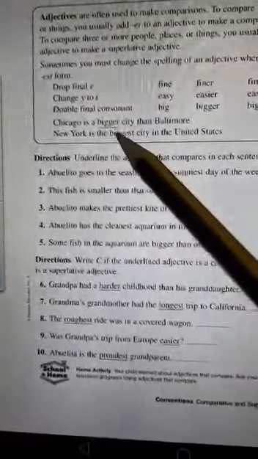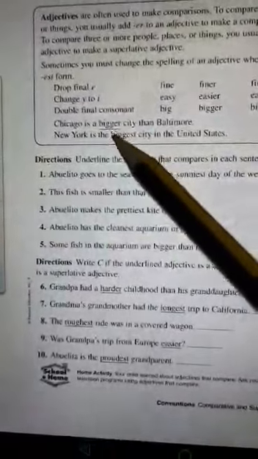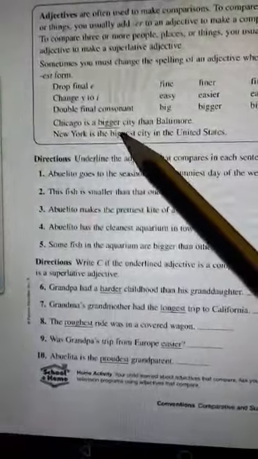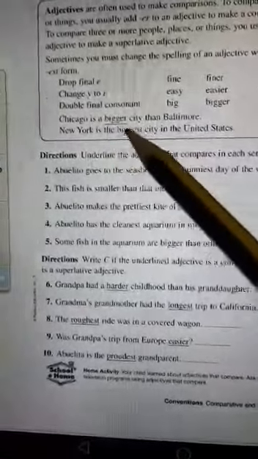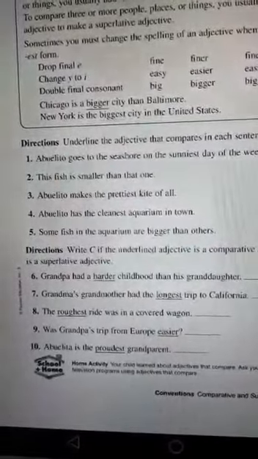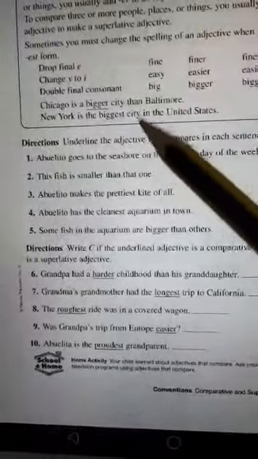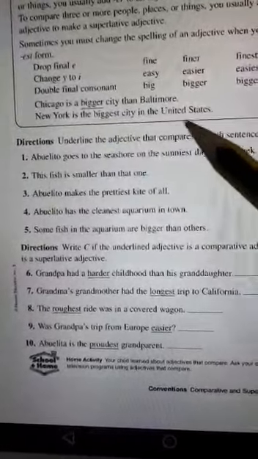That's why we are talking about more than two. So they said it is the biggest. No one is bigger than it. So that's why they said superlative. Superlative means to talk about the things which are the biggest, the smallest, no one like it. So that's why they said New York, the biggest city in the United States.